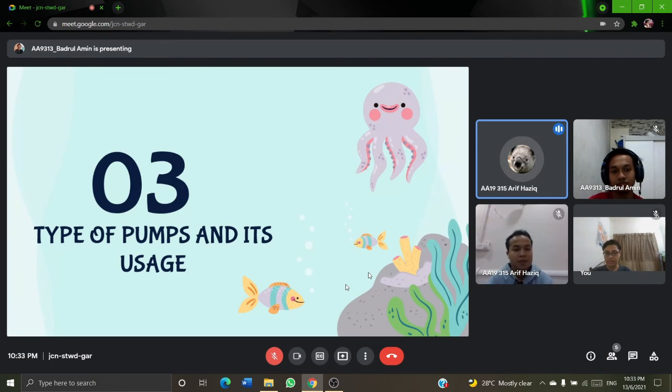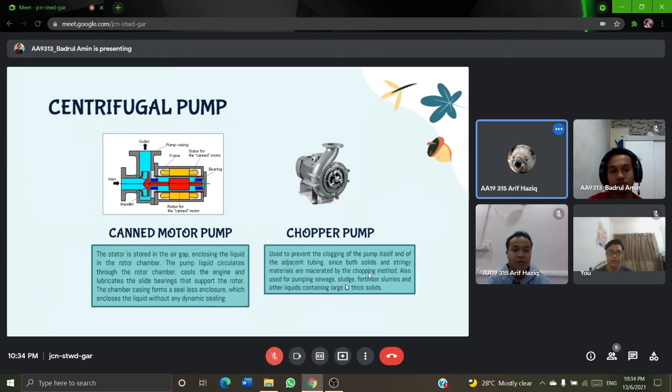Assalamualaikum. I am Haziq bin Kamarul Bahrin, and I will continue to present about the types of pump and their function. Next. The first one is the canned motor pump. The canned motor pump is an integral compact unit without shaft seal. This type of pump combines the rotating part of the pump hydraulic with the rotating part of the motor on a common shaft.